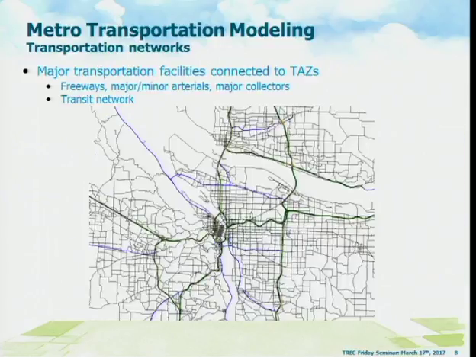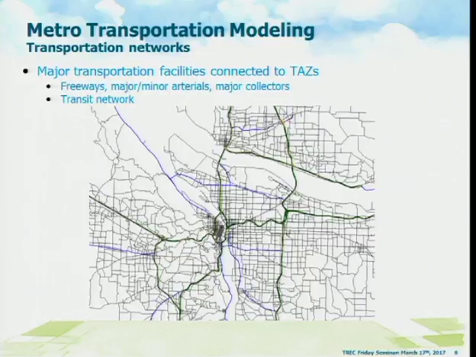On top of that, we've overlaid a generalized network. So this is the auto network that we typically model in our system. It doesn't have all the local streets in it, the little cul-de-sac or the street where your house or apartment may be located, but it has a lot of the collectors and above.